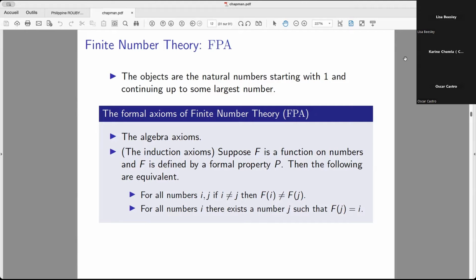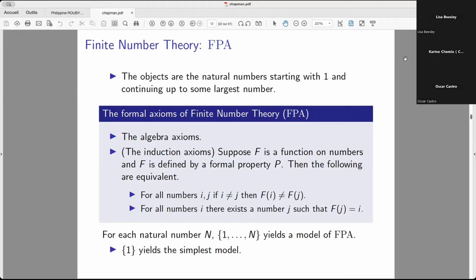Okay, so what can you do in FPA? Well, so for every natural number n, we get the standard model of FPA, whose largest number is n. And the simplest model has only one object, 1. Curiously, you can formalize logic in FPA, and you can show that FPA proves its own consistency, but not so interesting.